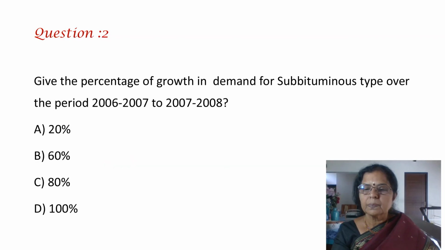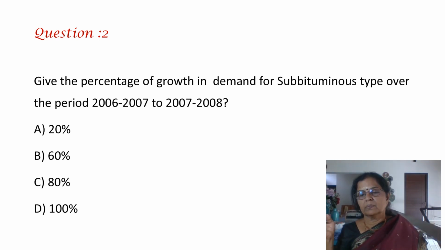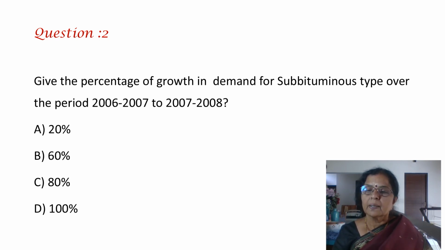Now the second question is, give the percentage of growth in demand for subbituminous type over the period 2006 to 2007, from this period to that period. Here you have to concentrate on the subbituminous type, that is the third type, and only for the demand. You need not bother about the availability column.